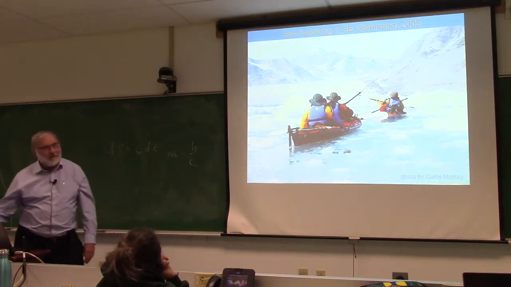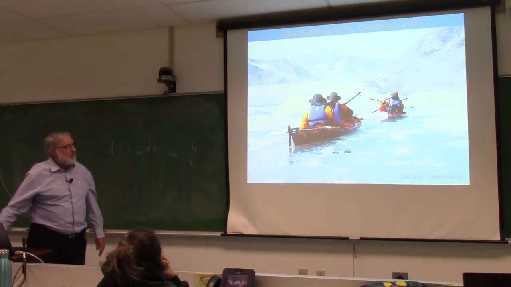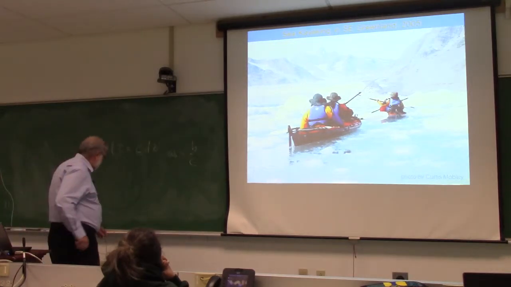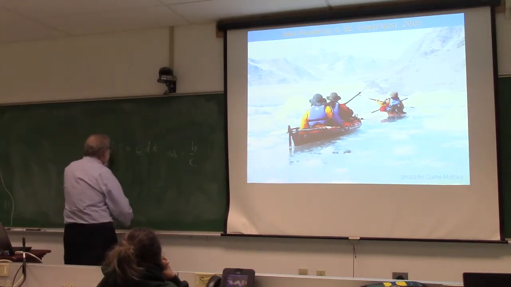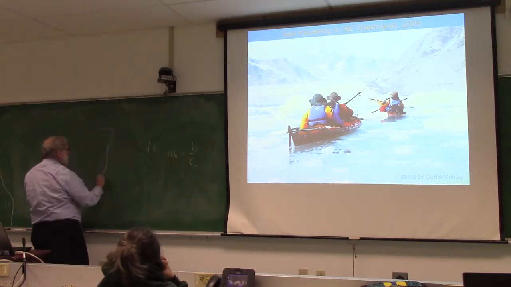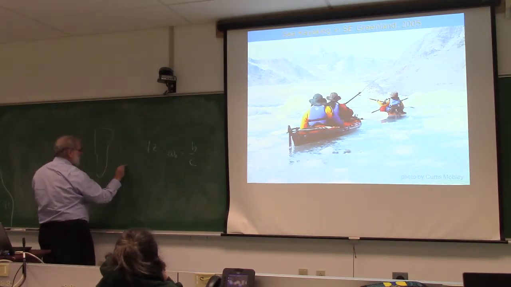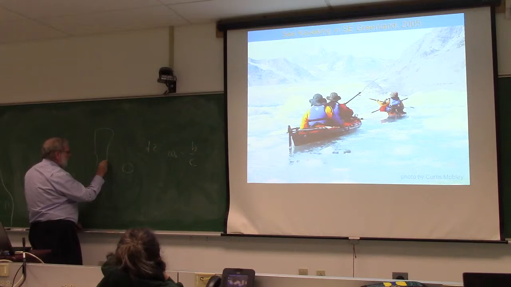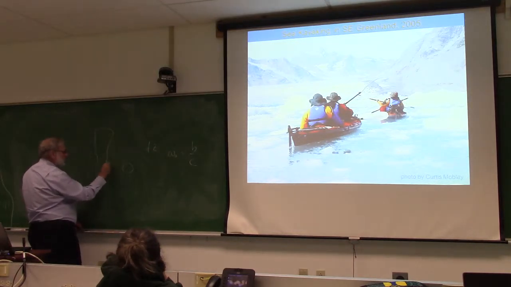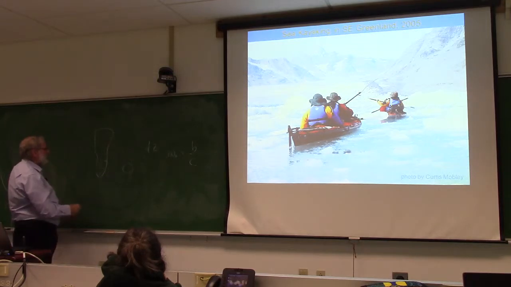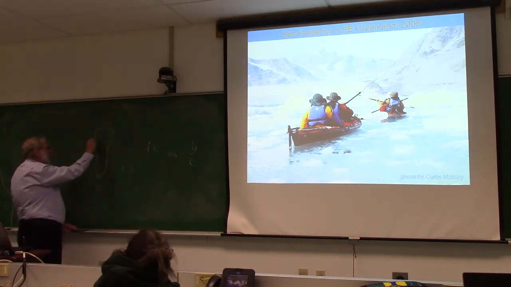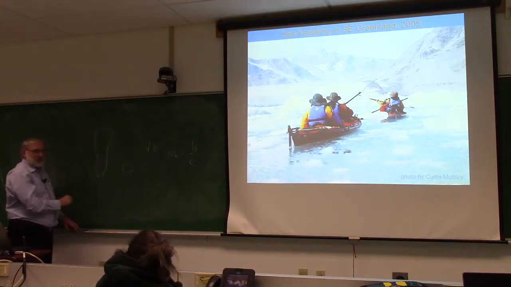Once upon a time, I threw a dart at the globe and it hit East Greenland. So I figured, well, I should go kayaking there. So here's Greenland and here's Iceland. This was the kind of area of East Greenland that's as close as you can get to Iceland. Now, all the people live over on the west coast.